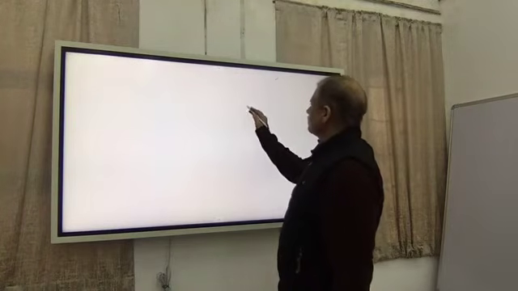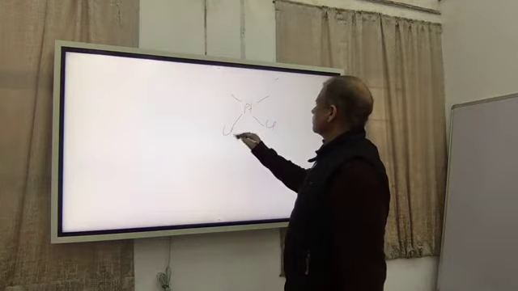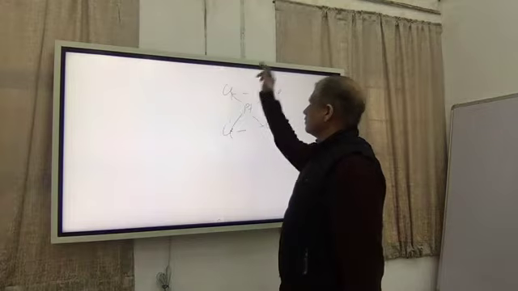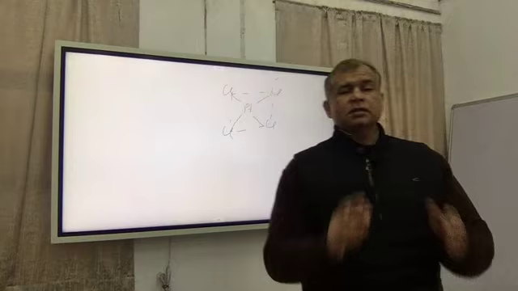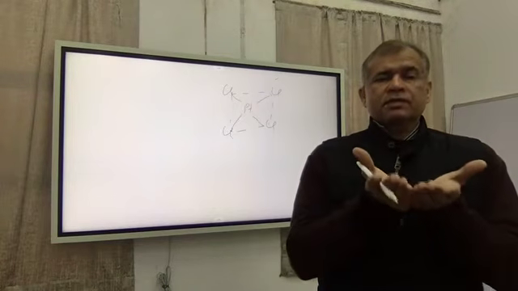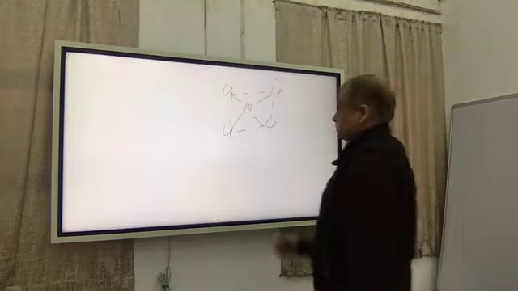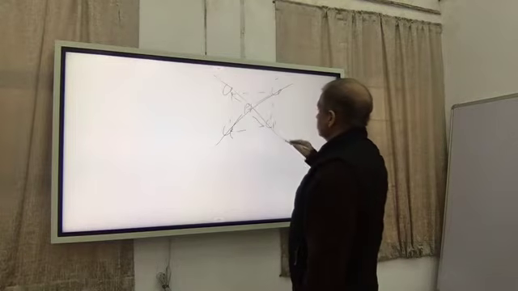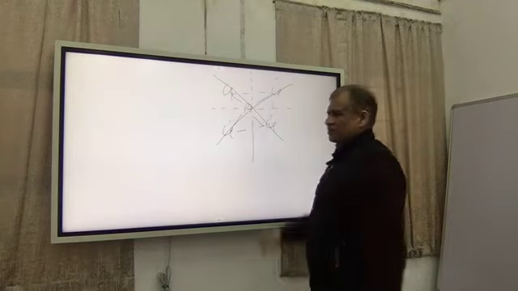Let us go to XeCl4, a square planar molecule. So how many mirror planes are there? Obviously, there is one sigma h, meaning the plane of the molecule itself is a mirror plane, and there are four vertical planes: 1, 2, 3, and 4.